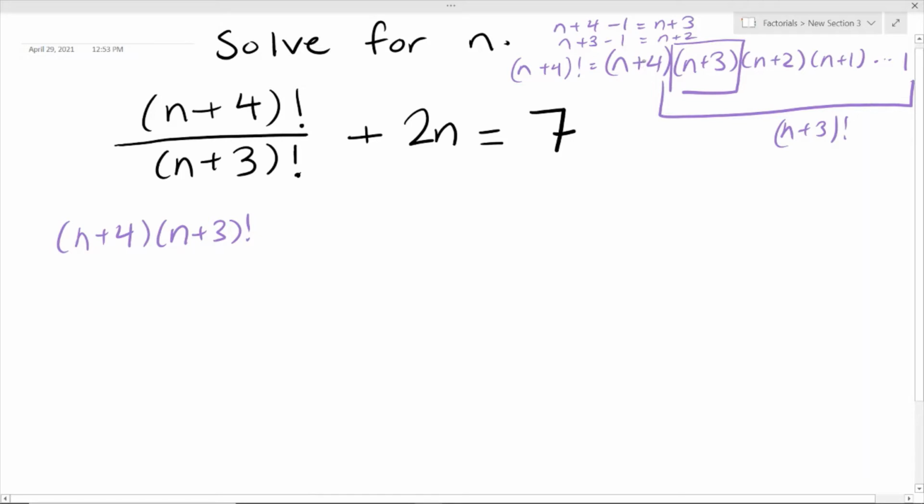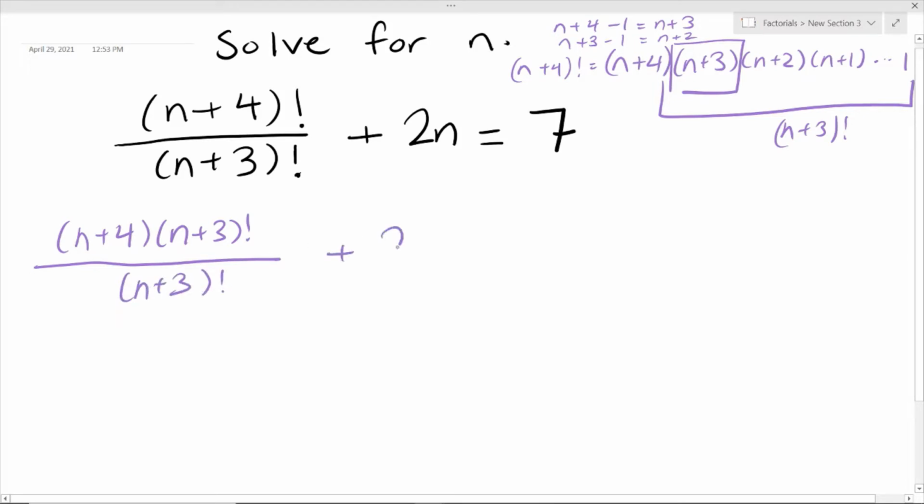The extra n plus 4 that differs from the n plus 3 factorial, and here it counts down from n plus 3 all the way to 1. So this part is n plus 3 factorial, so from n plus 4, and then n plus 3, n plus 2, n plus 1, and so on and so forth. And n plus 3 factorial also does a similar thing, also counting down to 1. So that's why we can rewrite like this.